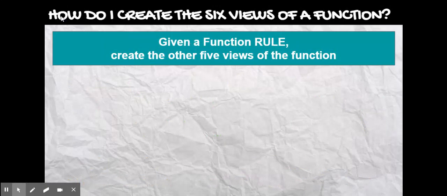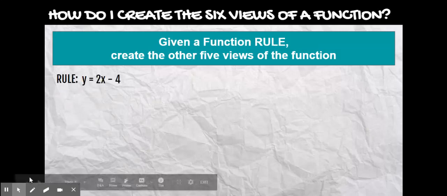So what we're going to do is, how do I actually create the 6 views of a function? To create the 6 views of a function, we have to be given one. We have to give something to start with. So we're given a function rule in this case, and our job is to create the other 5 views. So right here, you'll see the first thing that you're given is the rule, y equals 2x minus 4.